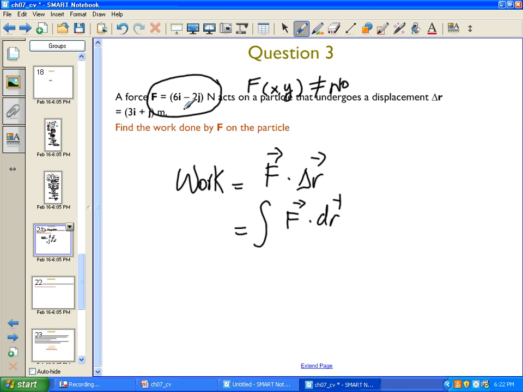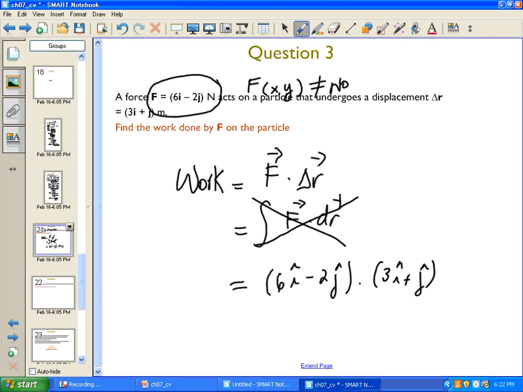These are constant, okay? So we do not have to use the integral form to solve for work. We can merely take the dot product of 6I hat minus 2j hat with 3I hat plus j hat.